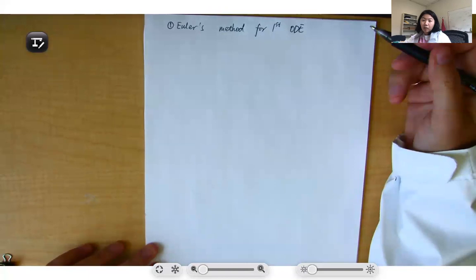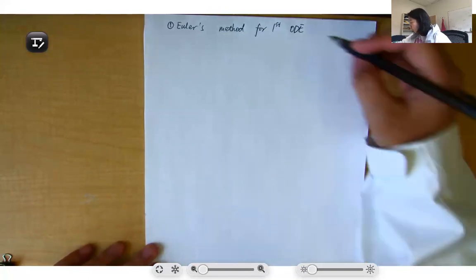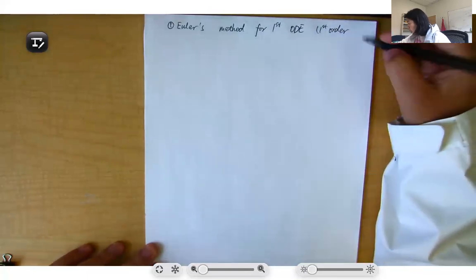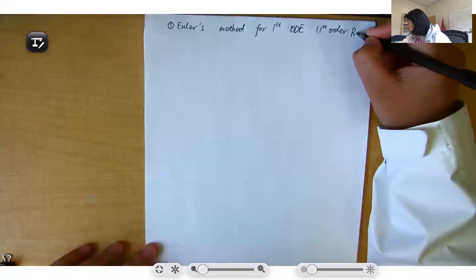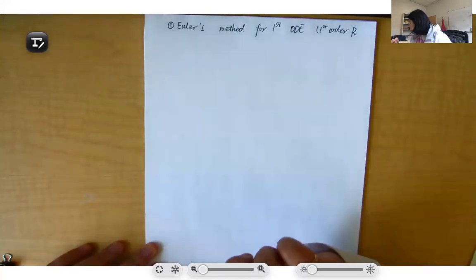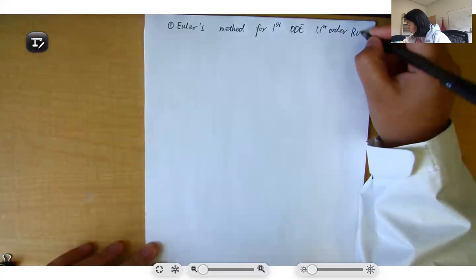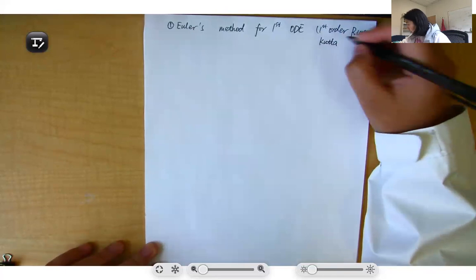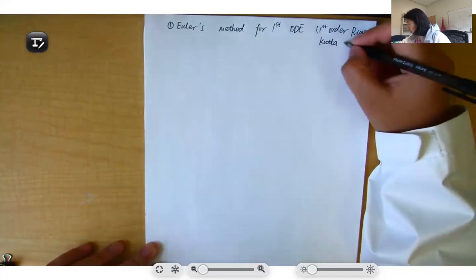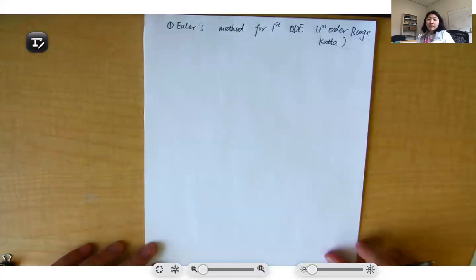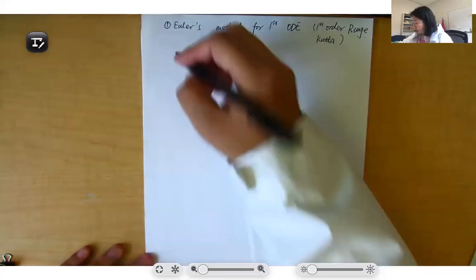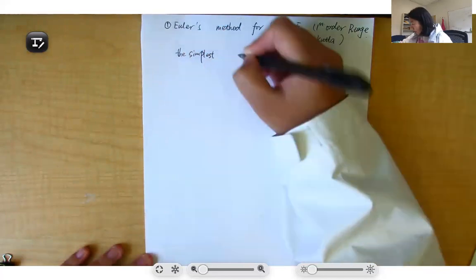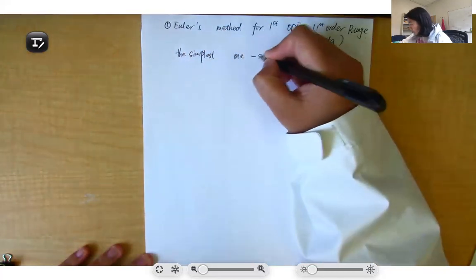And we can also call Euler's method the first order Runge-Kutta. So as I mentioned, this is the simplest one-step method.